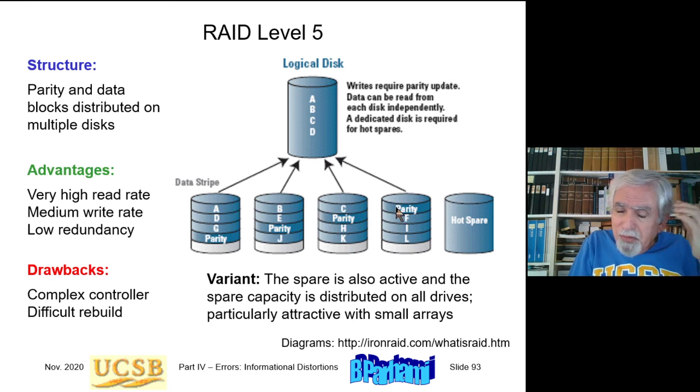This is particularly important when you have a large number of disks. Imagine you have 20 disks. You don't have to have your parity group equal to 20, where the parity is computed on 19 data blocks. You can have your parity group equal to 10, so that 9 data blocks and a parity block, and another 9 data blocks and another parity block.